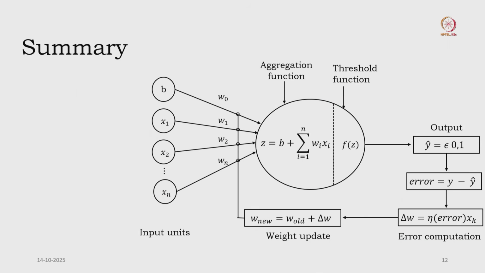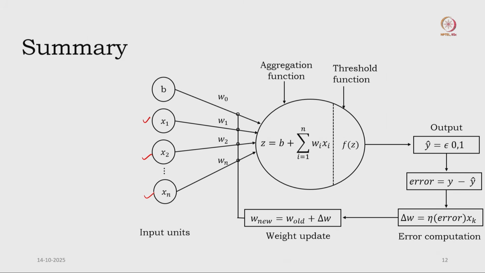So, with this, as I told, we have come to an end of the single layer perceptron. Before we move into the next topic, let us quickly have a summary of what we have learnt. This is primarily inspired from a biological neural system, where the inputs are entered into a neuron, and here the inputs are x1, x2 and so on up to xn.